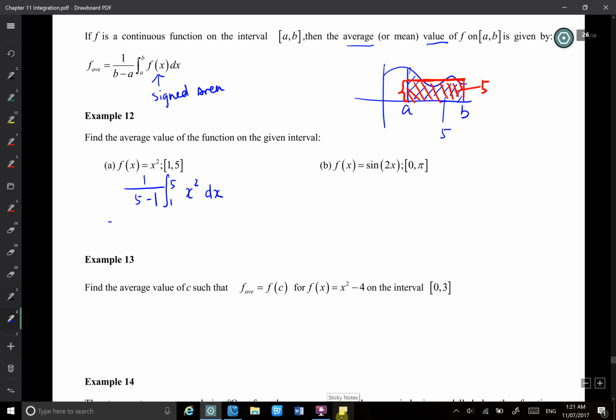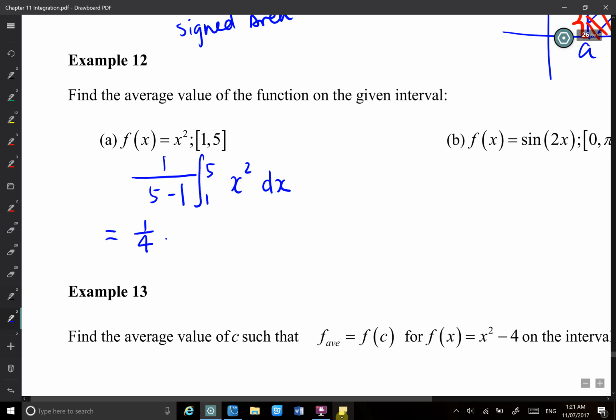So this equals a quarter times a third x cubed, from 1 to 5. I can say that's 1/12, putting the third out: 5 cubed, which is 125, minus 1, which is 124, over 12.